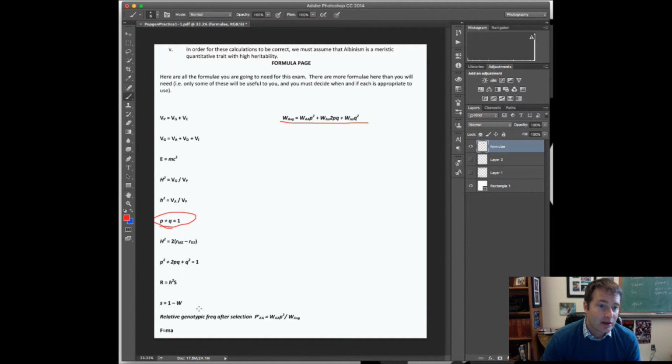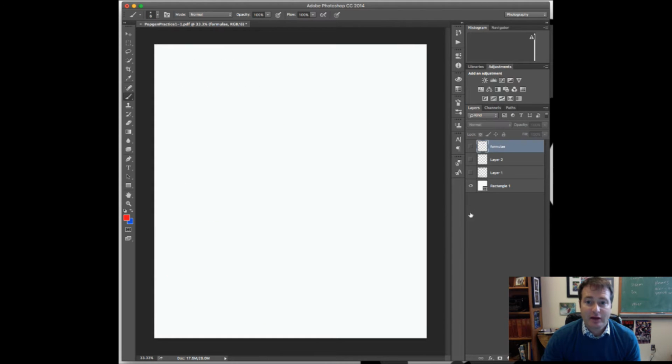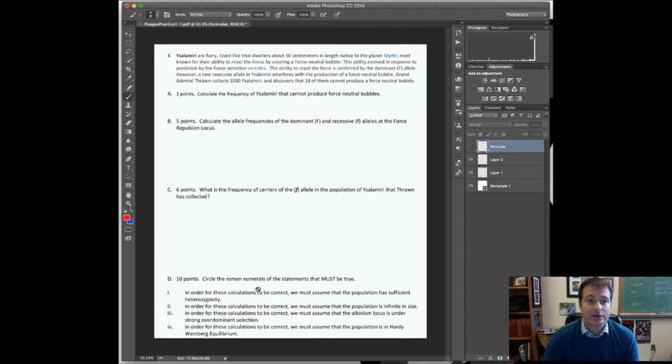This formula right here, super important. This formula right here, super important. This one is potentially useful, and this one is potentially useful. So these two are must-know formulae. Okay? So let's hide that for now and jump back to the question.